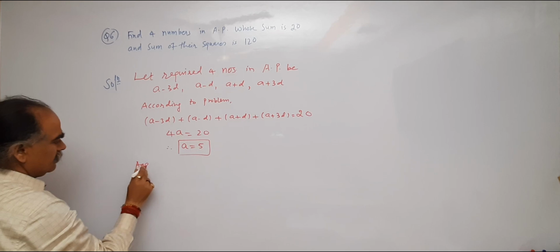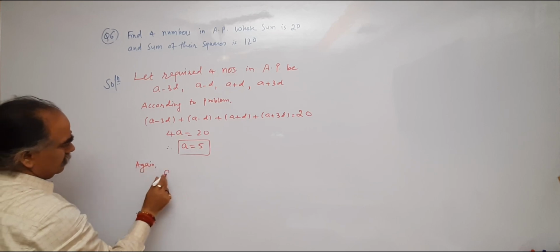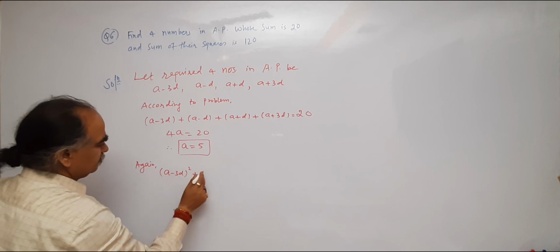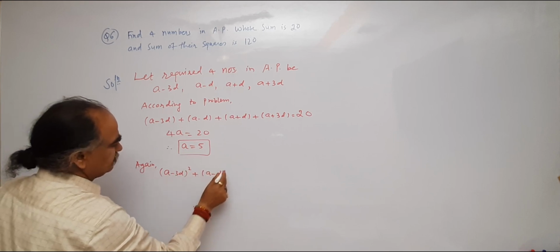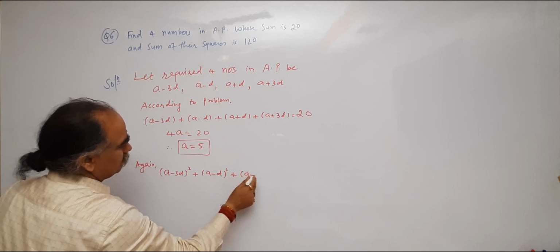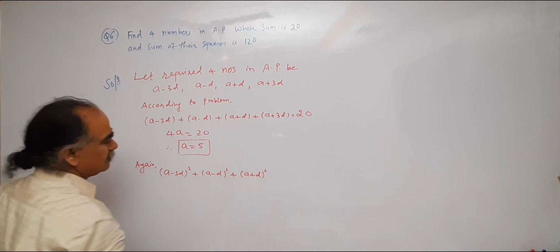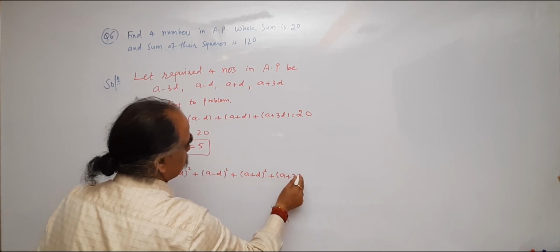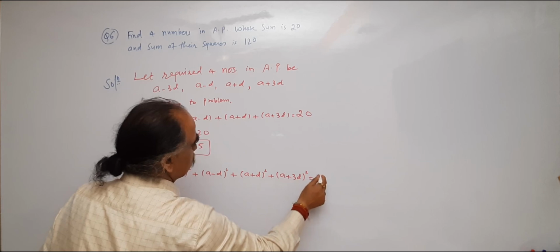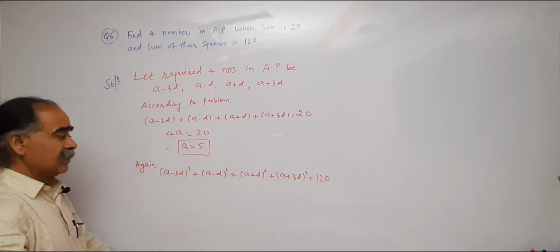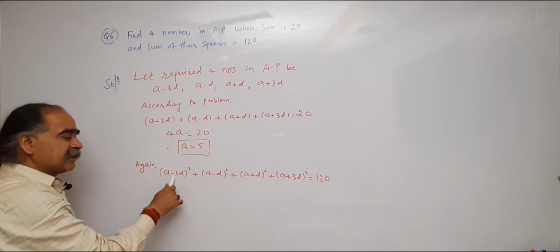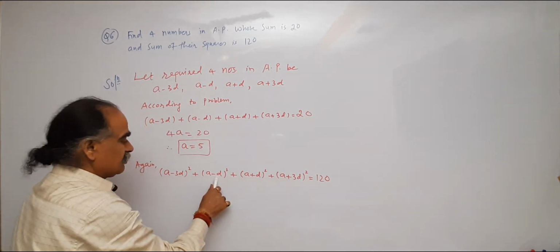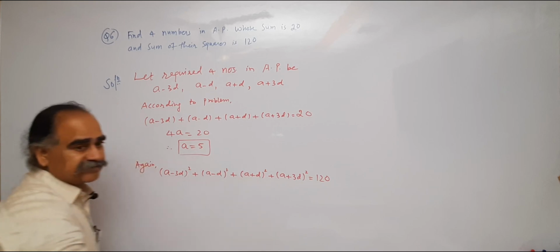Again, a minus 3d square plus a minus d square plus a plus d square plus a plus 3d square is equal to 120. When you open, the middle term of this will get cancelled with the middle term of this.